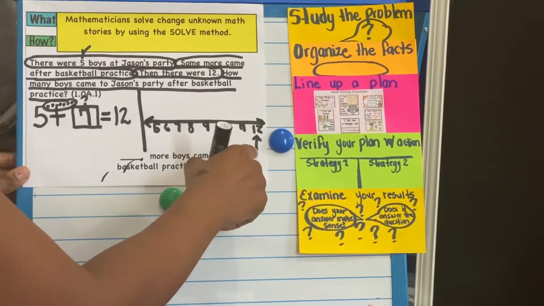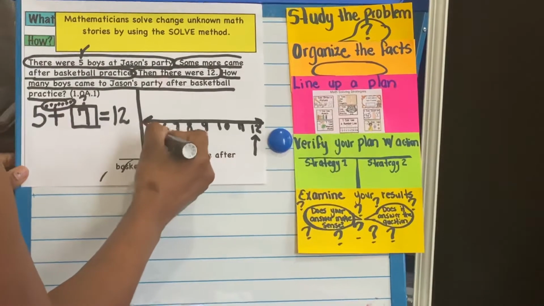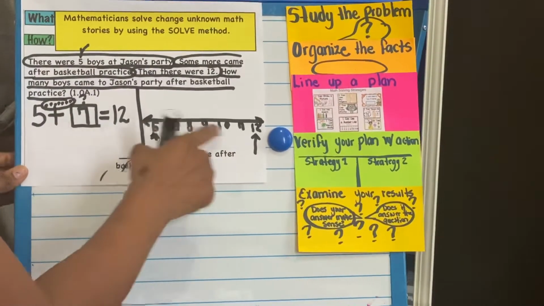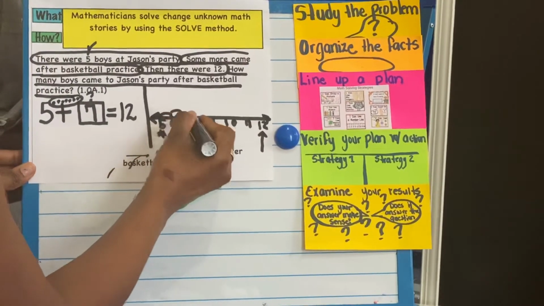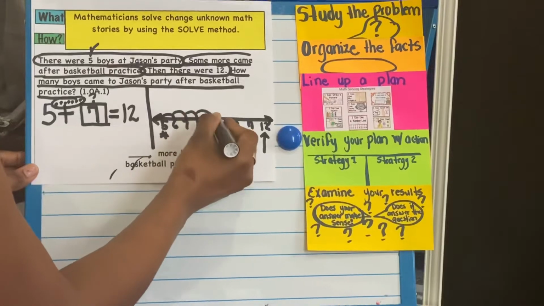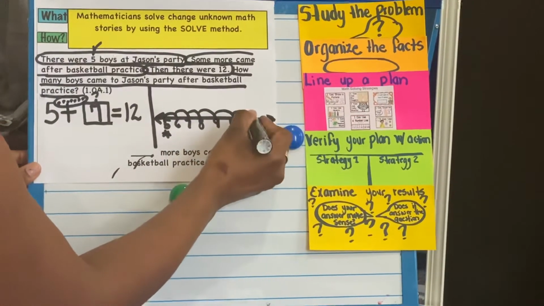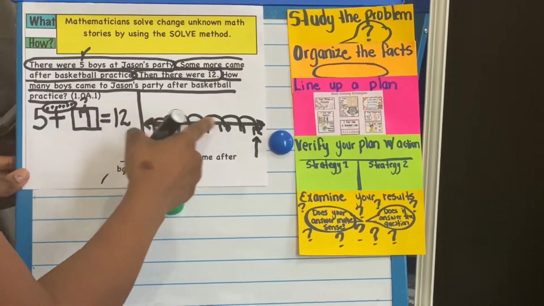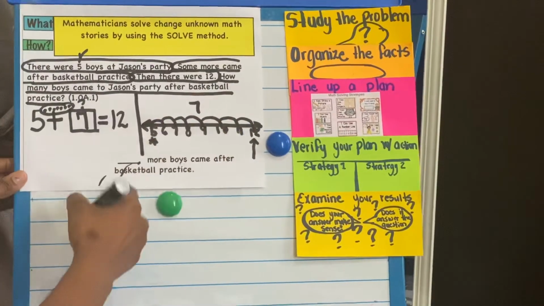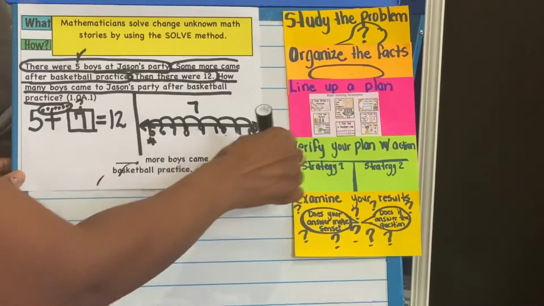So I'm starting at 5. Let me see how many jumps are from 5 to 12. 1, 2, 3, 4, 5, 6, 7. Yes, I have both answers as 7. So I verify my plan with action.